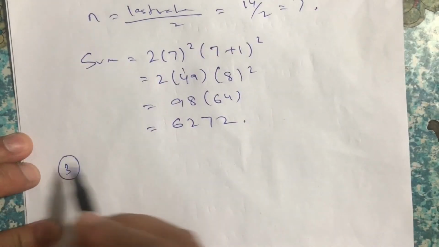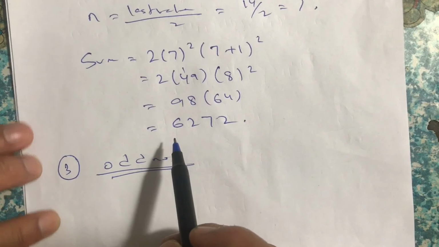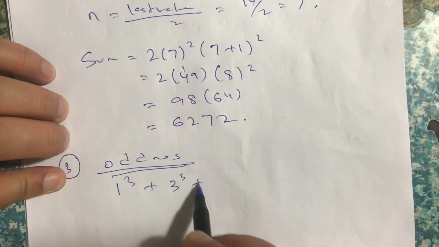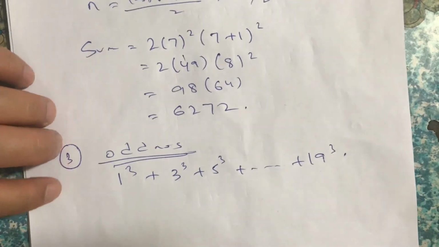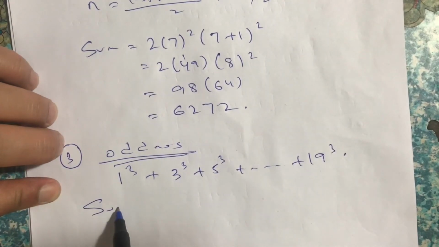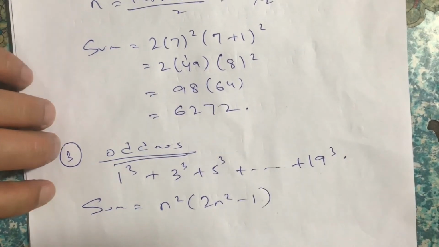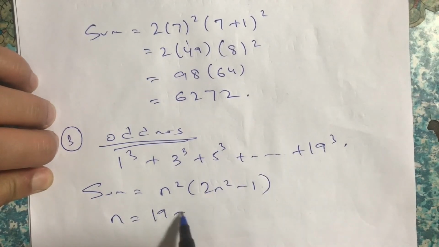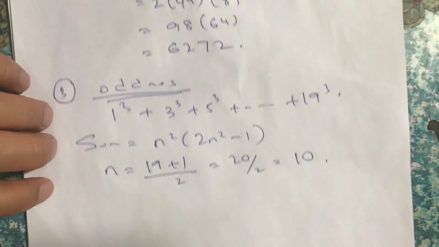The last one we have is odd numbers. With odd numbers and a cube, we have 1 cube plus 3 cube plus 5 cube, and it goes all the way till 19 cube. What will be the formula of the sum? We'll use n squared into 2 n squared minus 1. How do I get n? The last value plus 1, divided by 2, that is 20 divided by 2, so n is equal to 10.